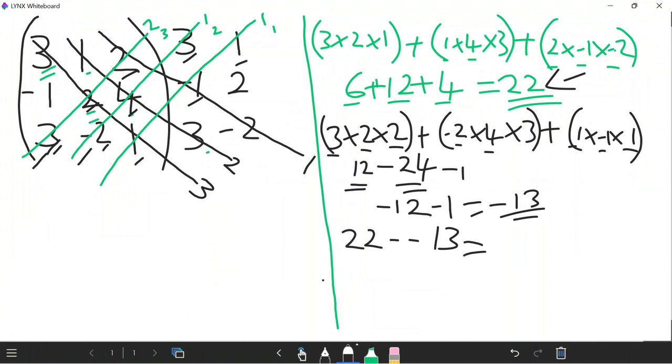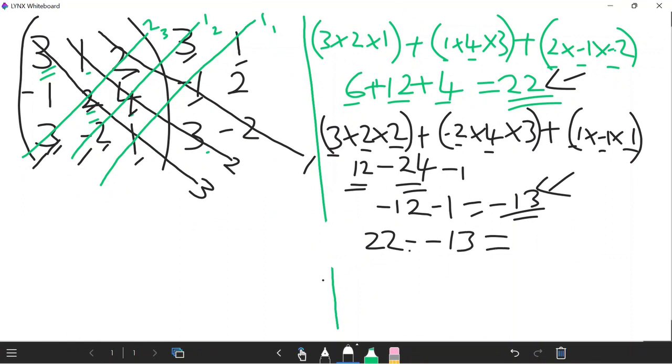So sorry for that. As you can see on your screen here, we have negative 13. So for us to calculate now the determinant, we'll take 22, that is the product of the elements in the leading diagonal. Then you are going to minus the product of the elements in the other diagonal, which is negative 13.